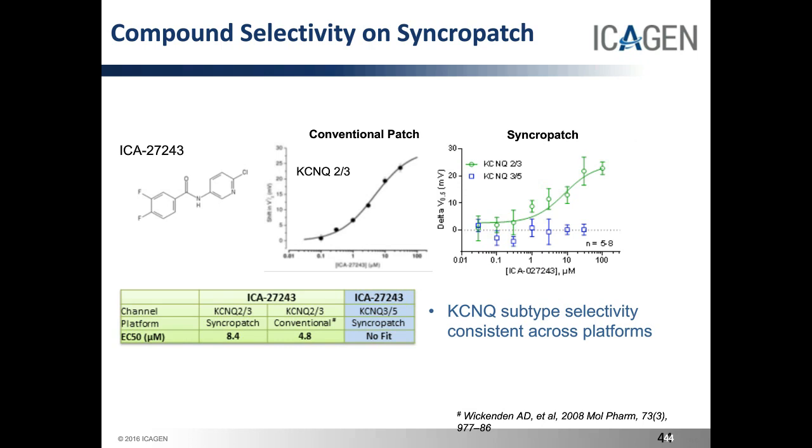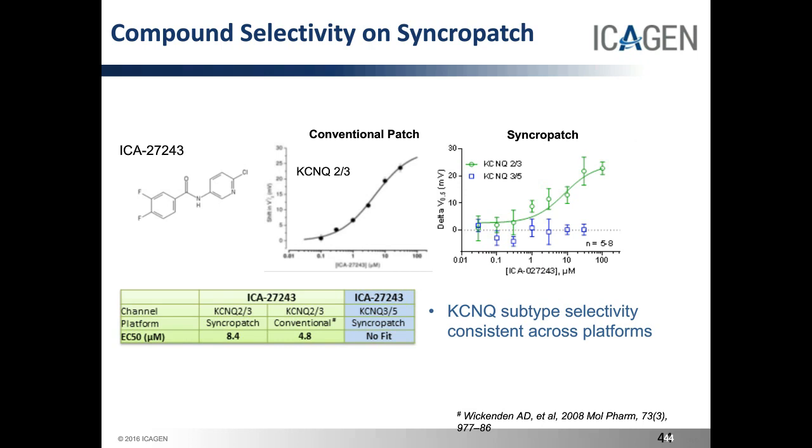There's less than a 2-fold difference, so essentially this is the same result. And importantly, if you look at the Q35 results, again, 27243 failed to activate the current, which suggests that the KCNQ subtype selectivity is consistent across these 2 platforms. So the Syncropatch is giving us similar results to what we had seen previously from conventional patch once again.